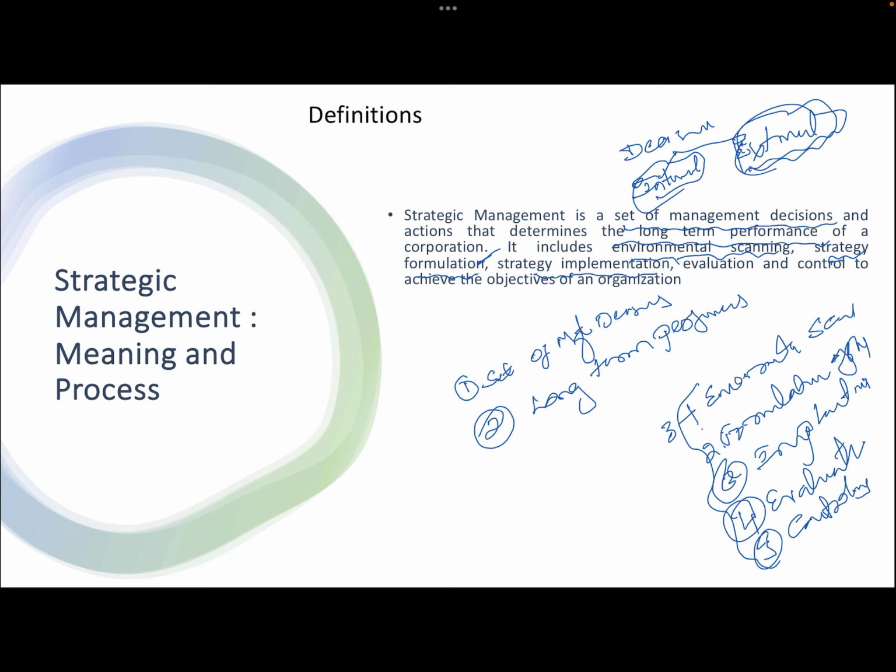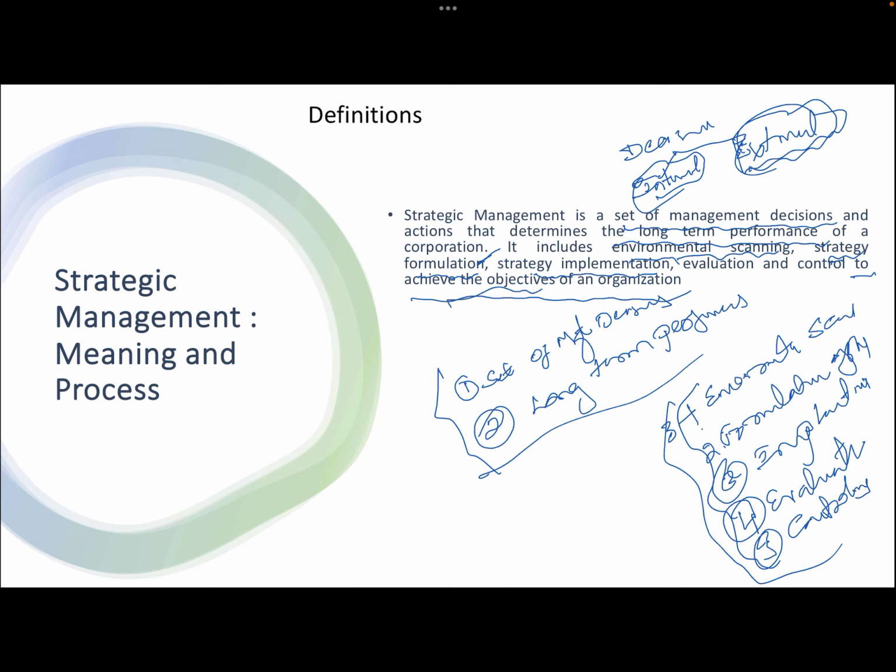Why do we set management decisions for long-term performance and follow this entire process? Simply to achieve the objectives of an organization. Whenever any organization is made, whenever you start any company, you will set up certain objectives.